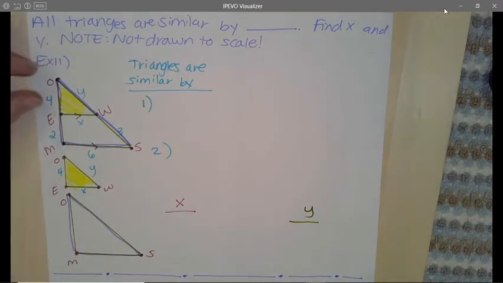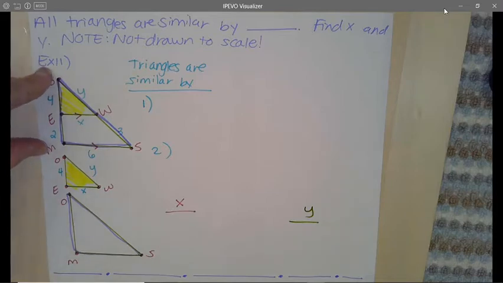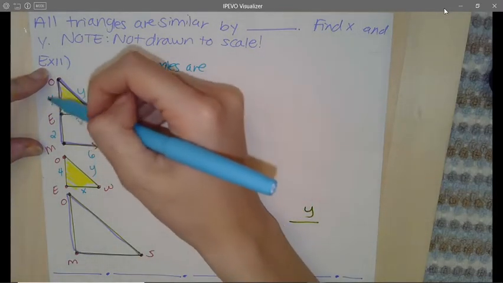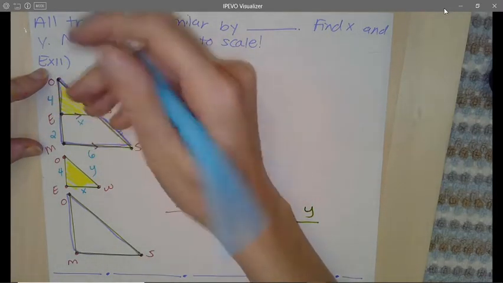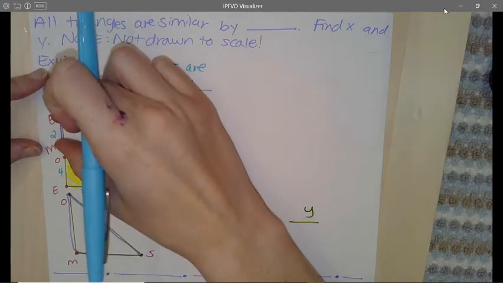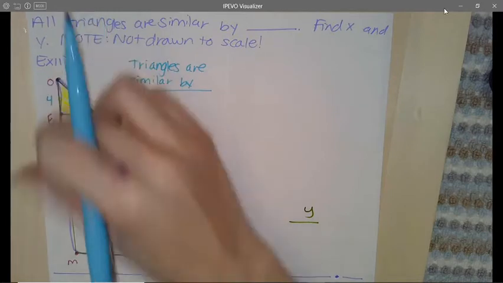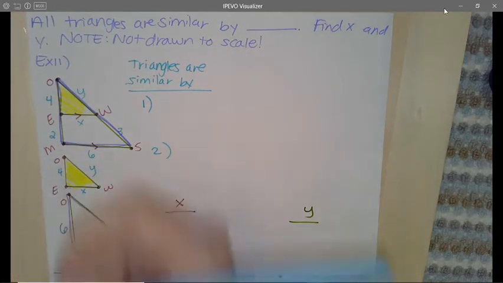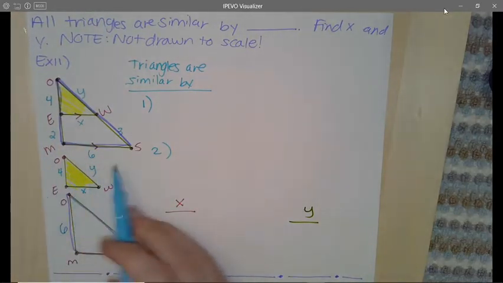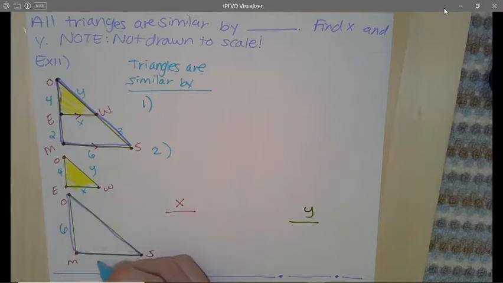OE is 4 and EM is 2. So how do I find OM? You guys are so smart. You would have to add these two together. So I need to add this piece and this piece together to get OM. So 4 plus 2 will give me a 6. So this side is actually 6. The bottom, MS, is 6 as well.